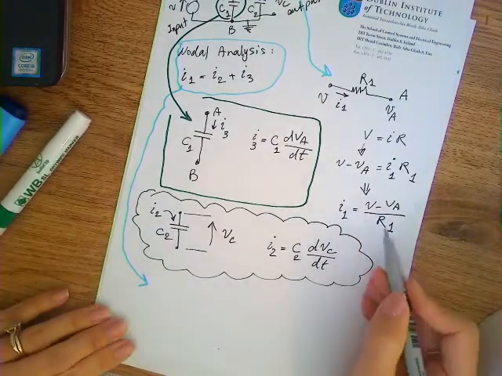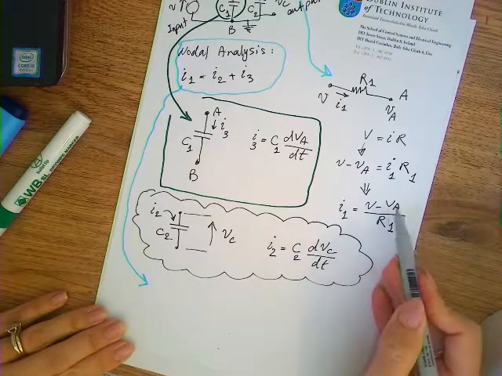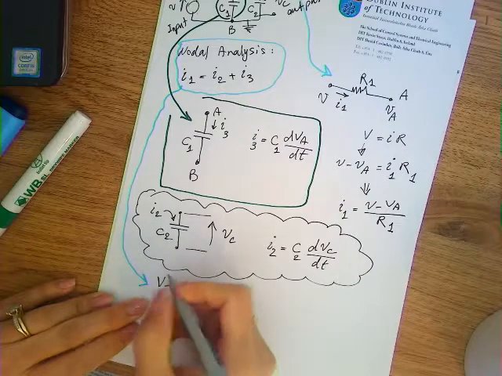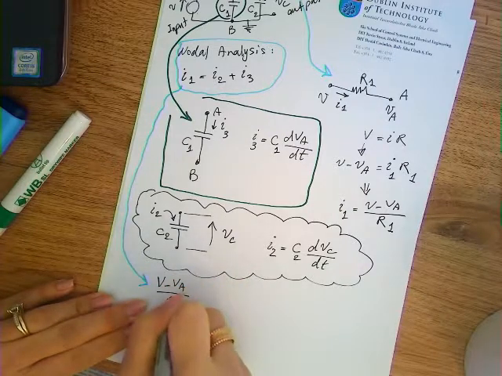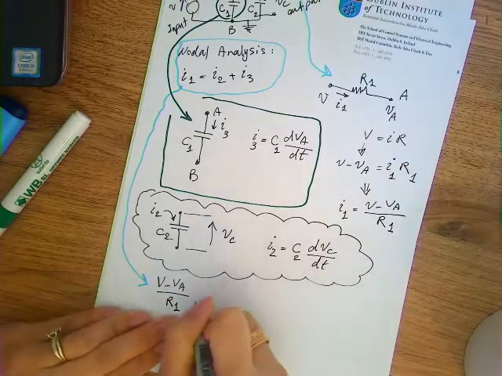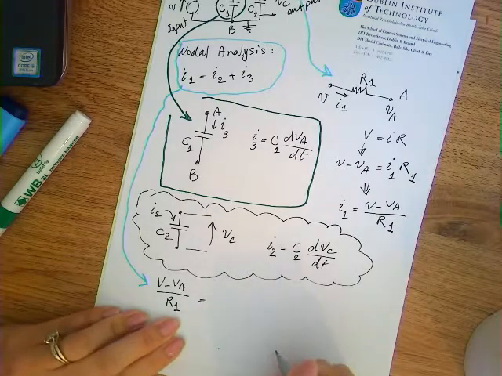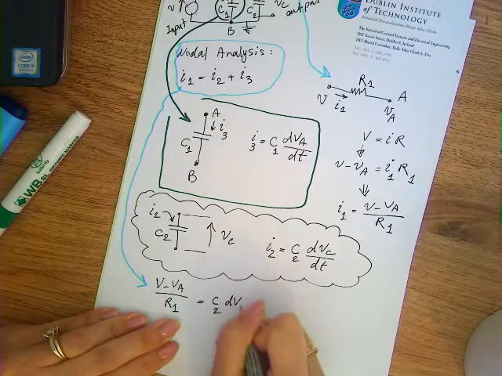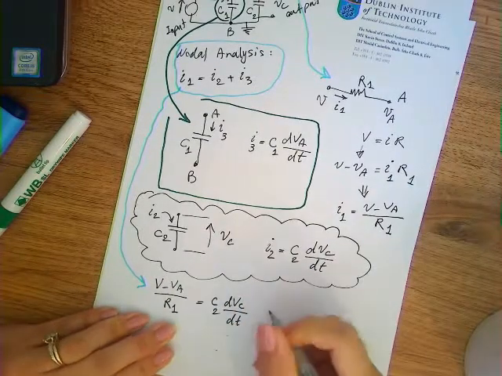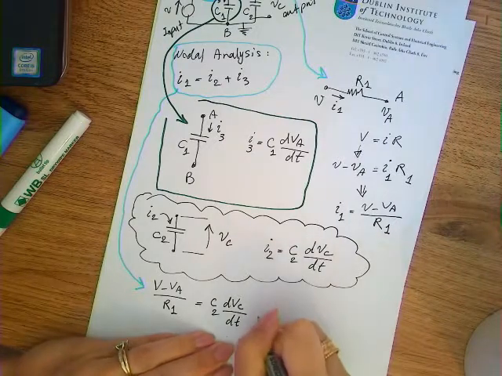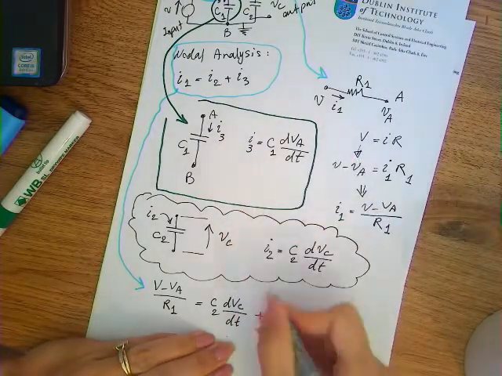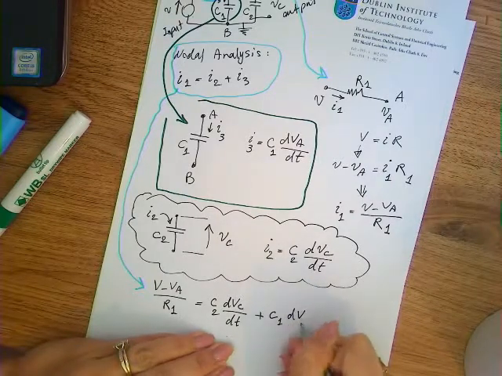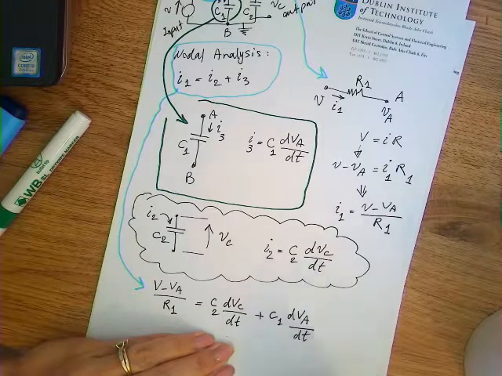So I1, I know that I1 is V minus VA over R1. That's on the left side. On the right side, I know that I2 is C2 times the derivative of VC over time. And then for I3, I know that it is equal to C1 times the derivative of VA over time.